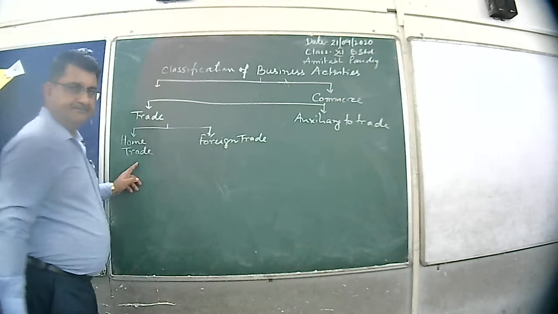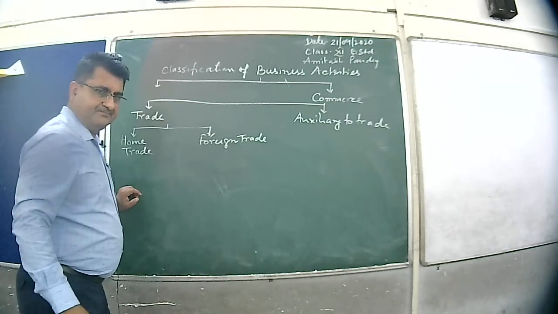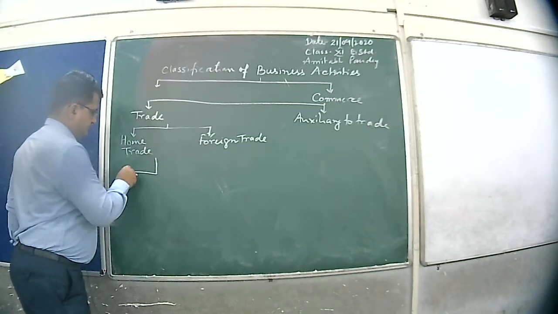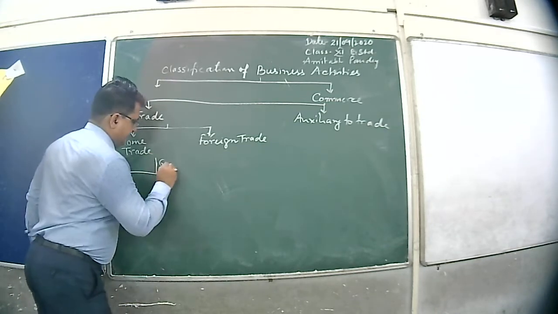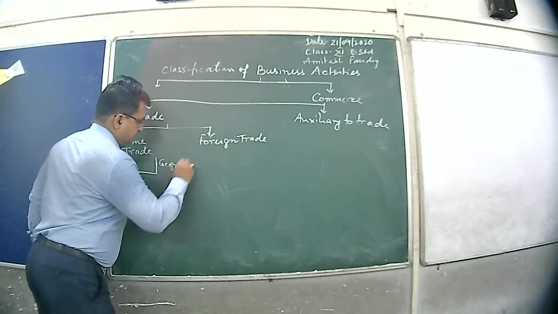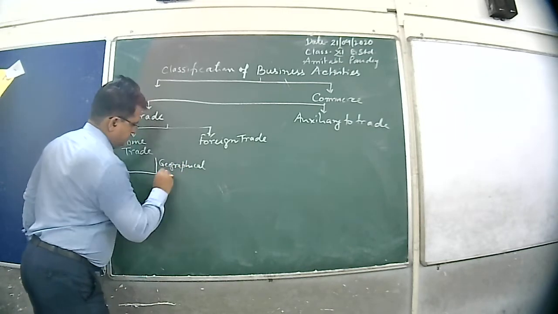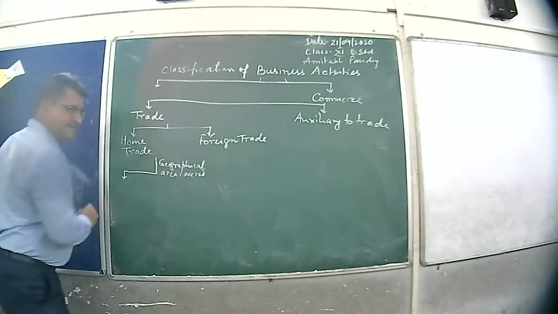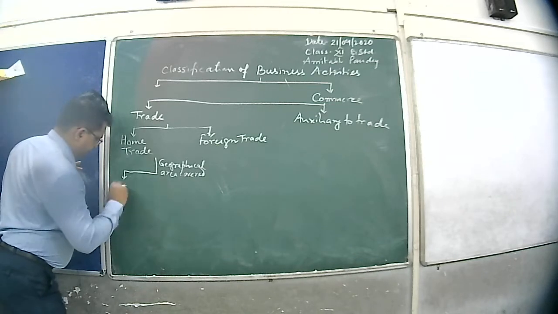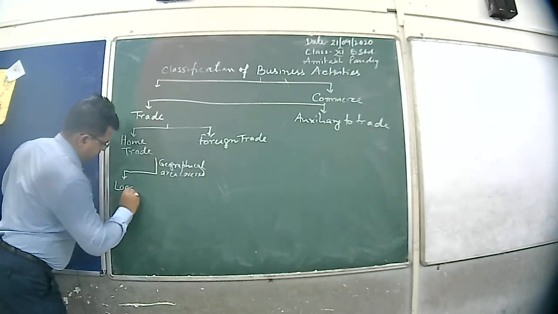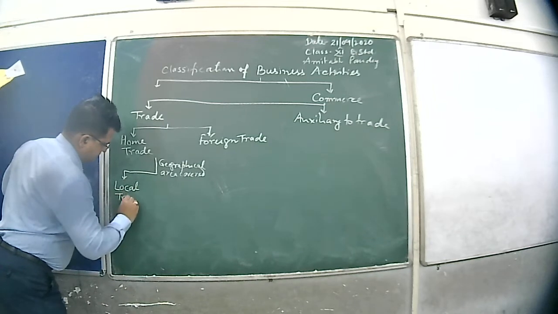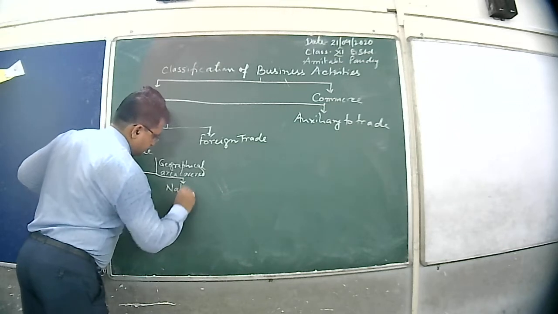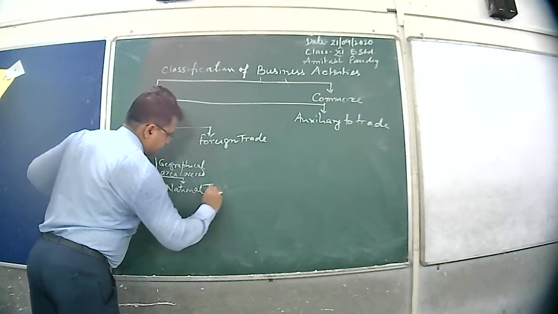Now home trade has further classification. For example, on the basis of geographical area covered, it is classified into local trade and national trade.